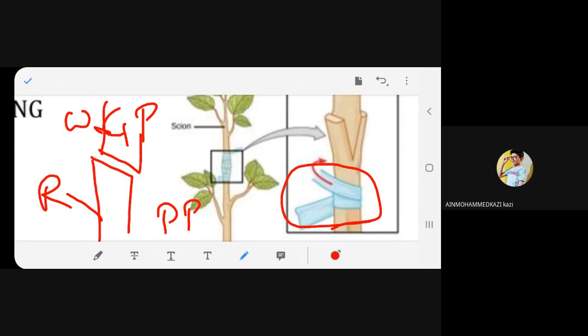For example, you get a cut on your skin, right? What do you do, you clean it up and later you bandage it. The same bandage is applied and after some time your skin gets healed up, isn't it? So this cut also gets healed up like this. It joins automatically.